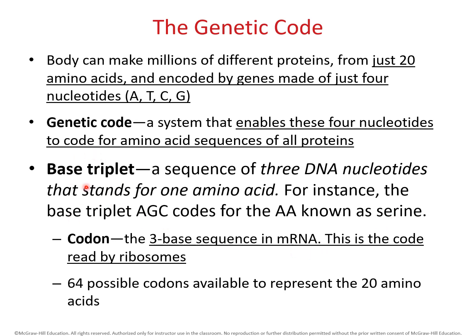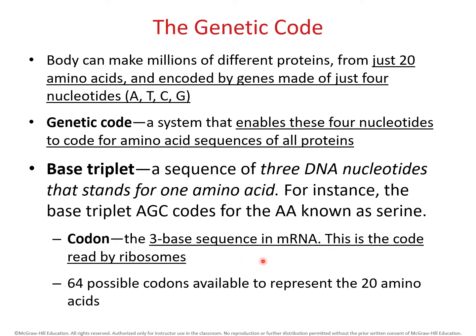Okay, so DNA has these base triplets. Now, what about messenger RNA? Remember, I said RNA is going to go into the nucleus and copy the DNA molecule. So when it does this, RNA copies all these base triplets. When that base triplet has been copied to mRNA, we now call this a codon.